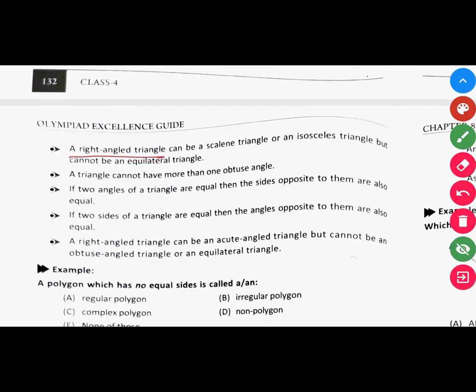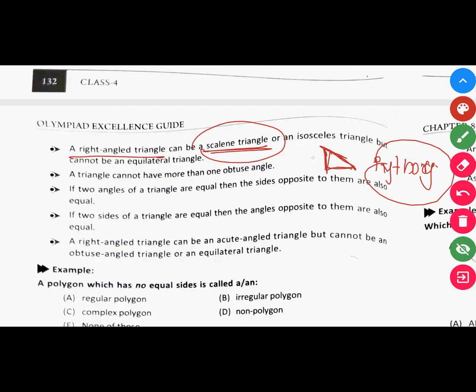Okay, a right angle triangle can be a scalene triangle because its sides are not necessarily equal. There is the Pythagoras theorem in upper standard where this is 3 centimeters, this is 4 centimeters, and this is 5 centimeters, and we can calculate the length of the right angle triangle.